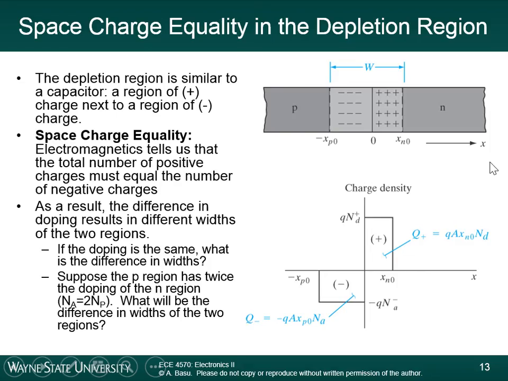The number of charges, however, has to be equal on both sides. So if these positive charges are squeezed into a smaller area, the length of the depletion region on this side is going to be smaller than the length on the other side, because there's more spacing between the negative ions on this side, which has a lower doping density. Does that make sense?